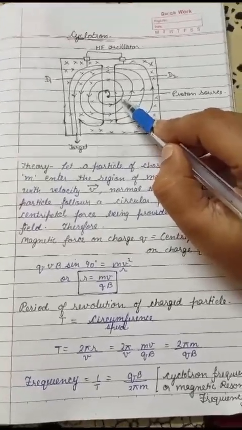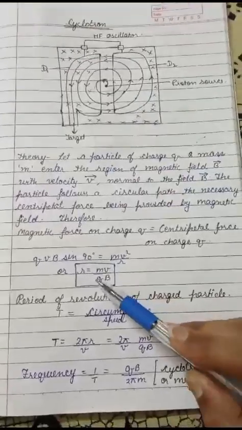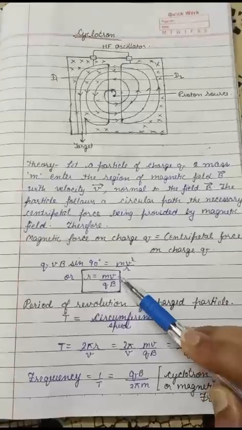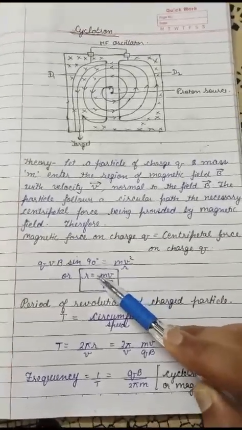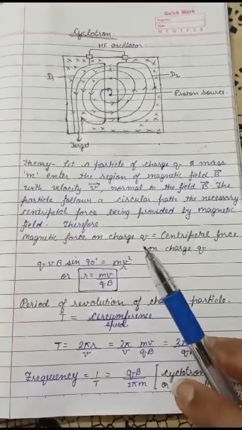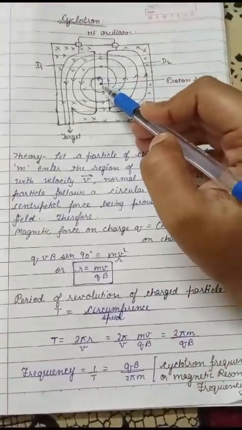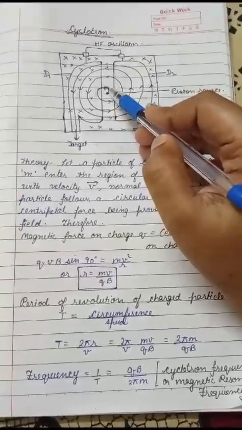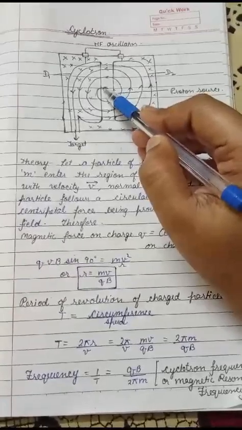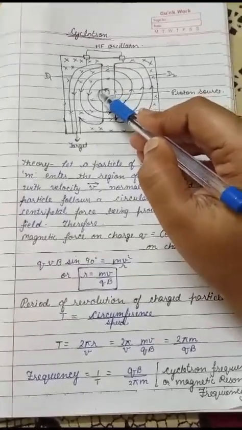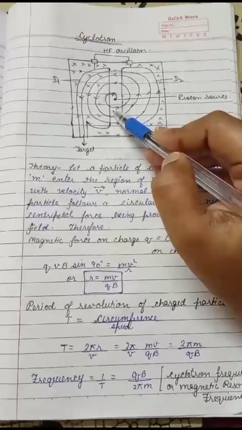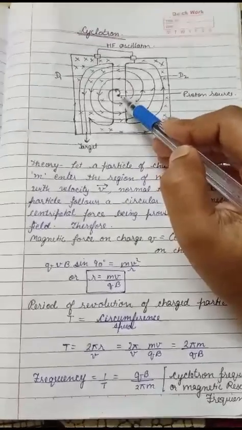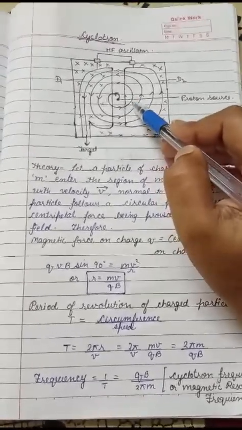How does this happen? We have calculated the radius, mv upon qB. As the velocity is increased, the radius is also increased. How is velocity increased? When the charged particle was generated from the gap, it was accelerated once and its kinetic energy increased. When it comes out, it is accelerated again, so after this acceleration the kinetic energy will be higher than before, and the velocity will be greater.